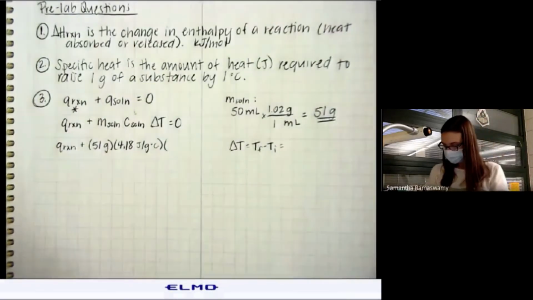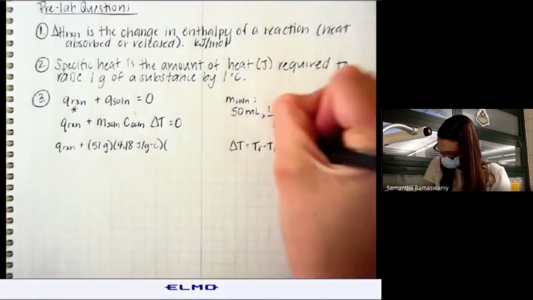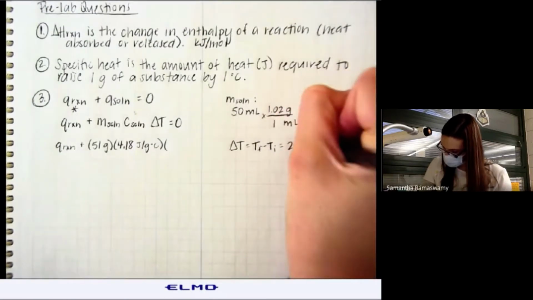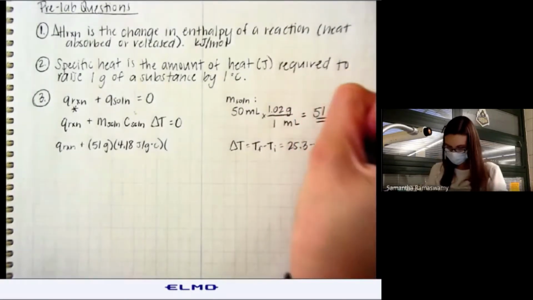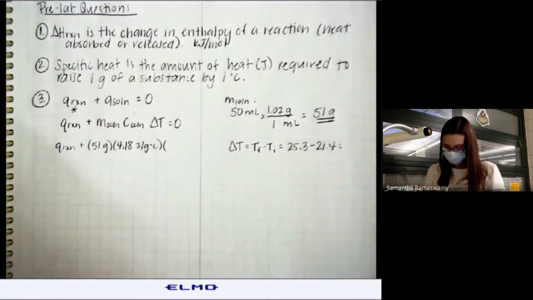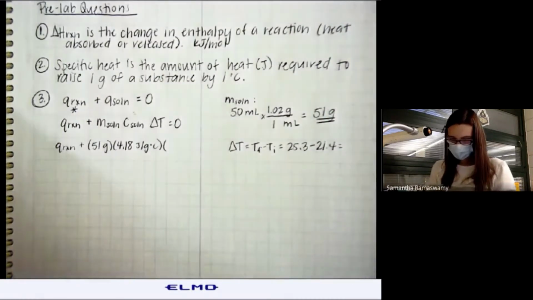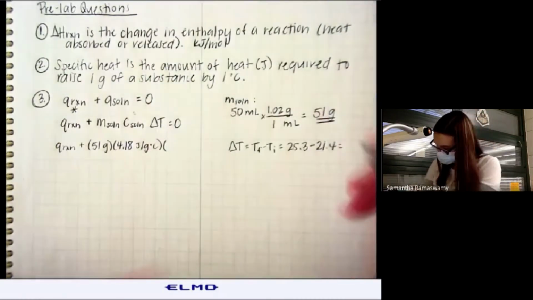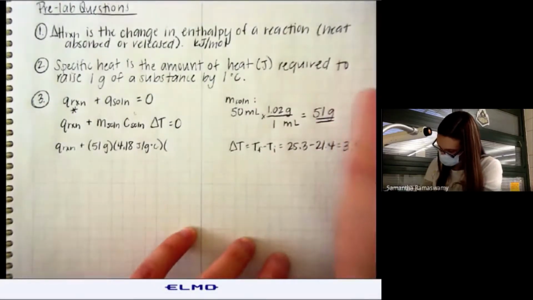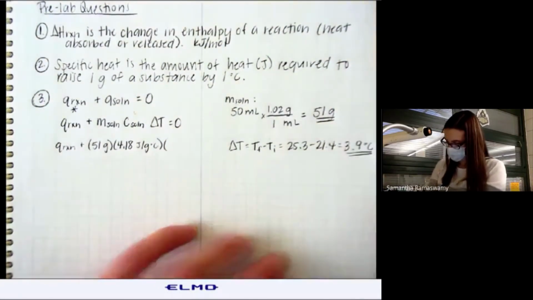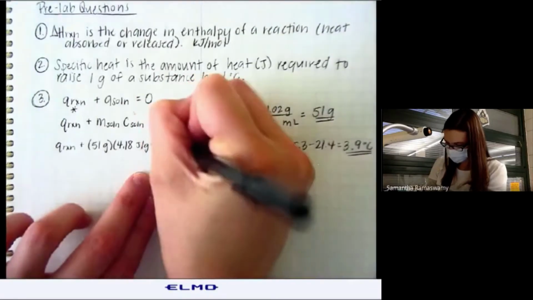And so final was 25.3. Initial was 21.4. There's our delta T, 3.9 degrees Celsius.